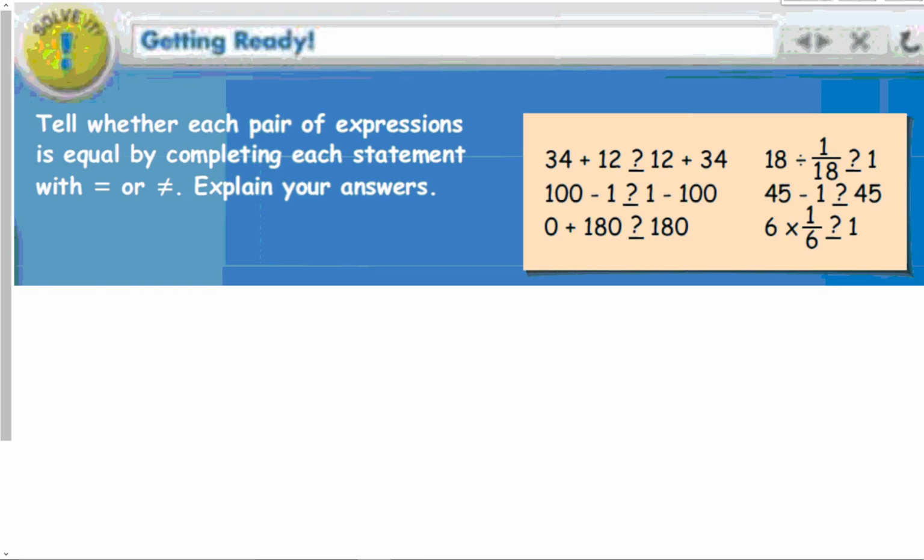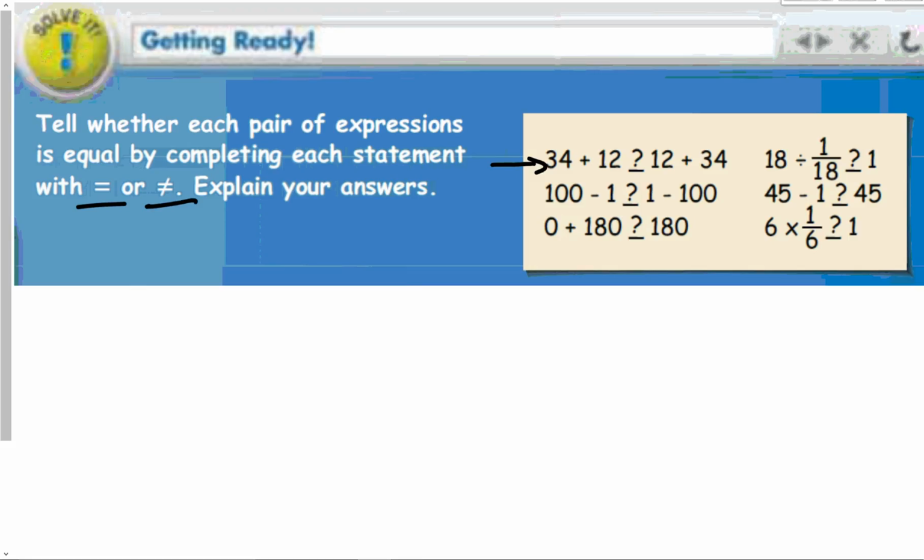Okay, so let's start with this little warm-up in the Solve It problem, and let's tell whether each pair of expressions is equal by comparing each statement with equals or not equals. So if I look at this first expression right here, we have 34 plus 12, and then we have 12 plus 34.